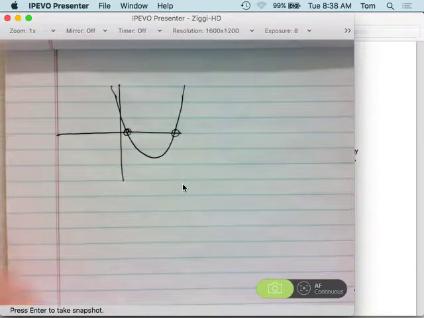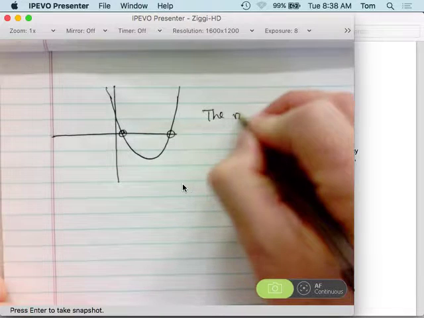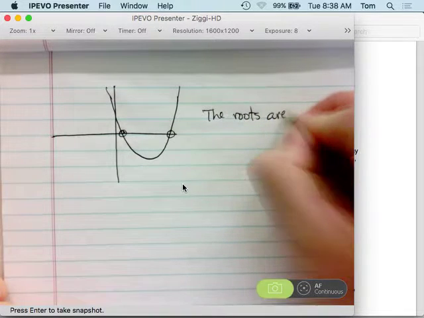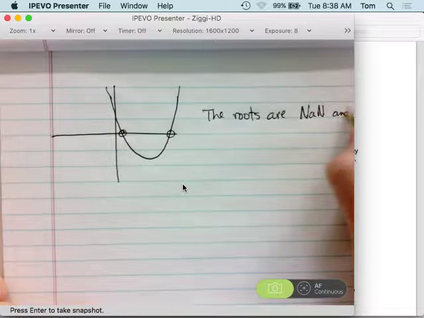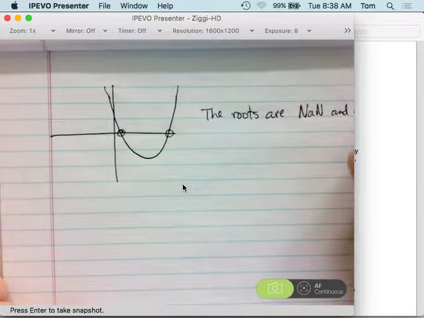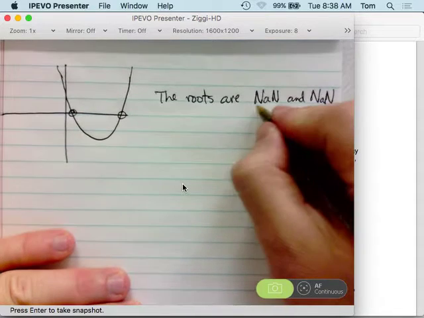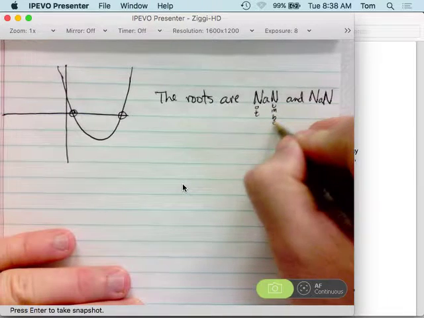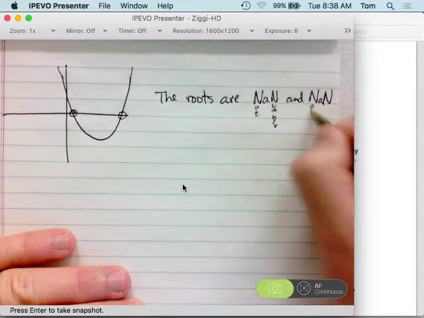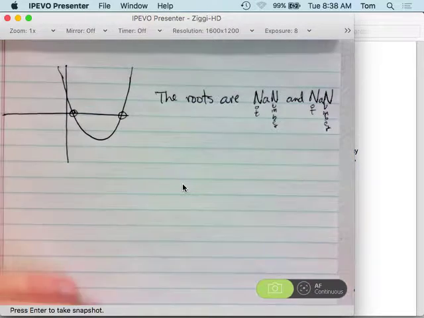when you run your program, if you do this, you might get output that says the roots are NaN and NaN. Okay? What does that stand for? Not a number and not a number. So how can we get roots that are not numbers?